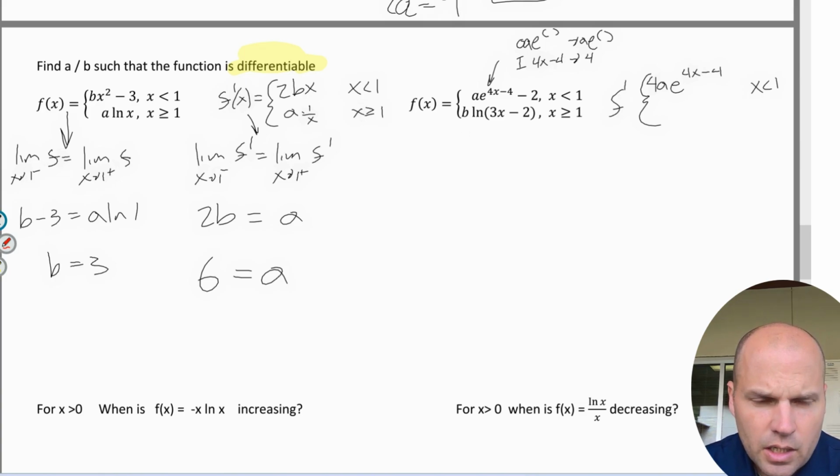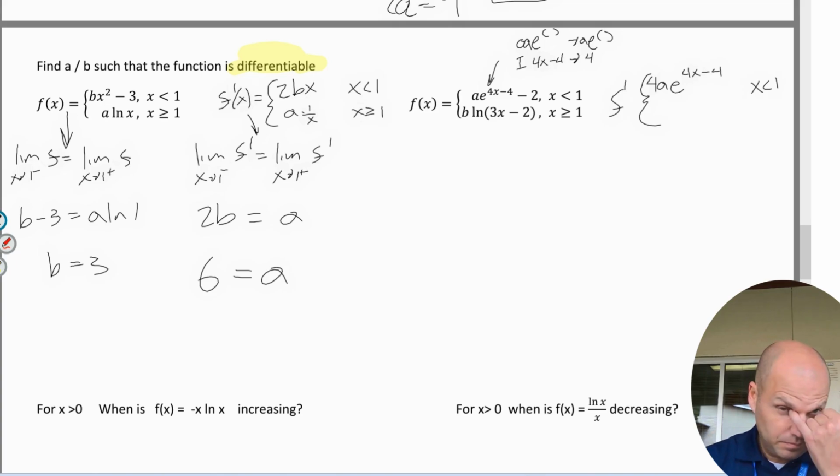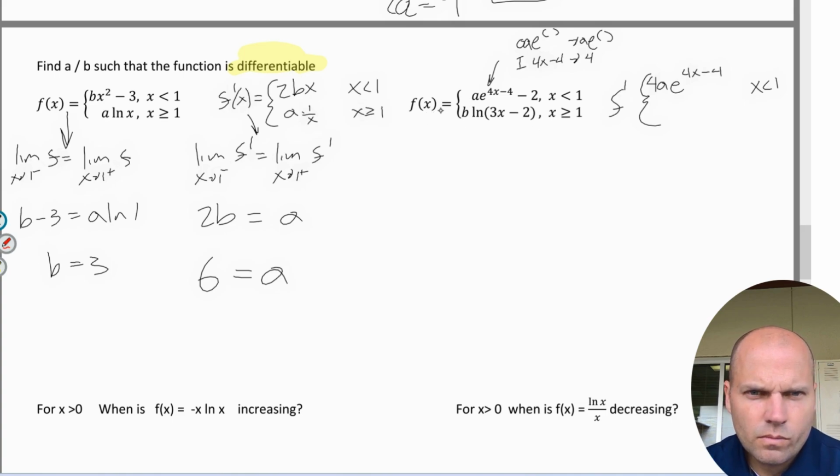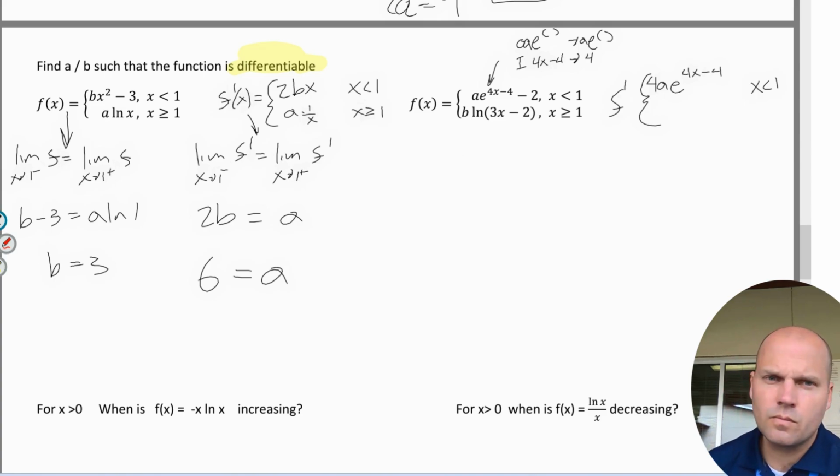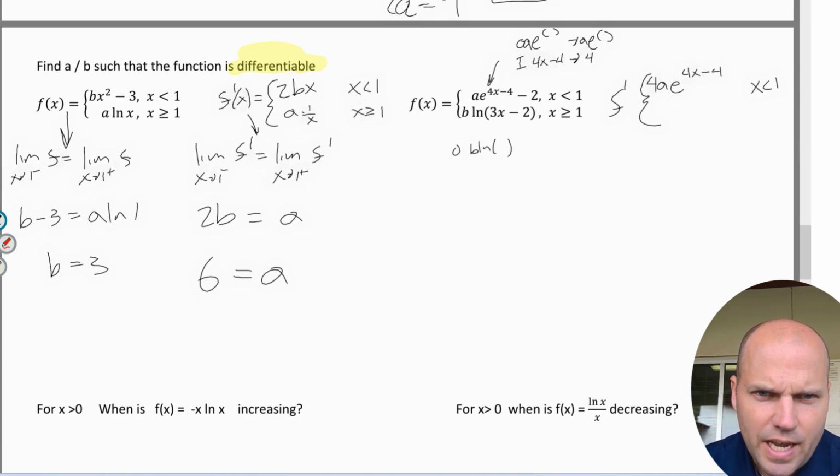And then here, I'll do outside and inside that. B log as the outside, and I got 3x minus 2 for the inside. So B log will be B over.